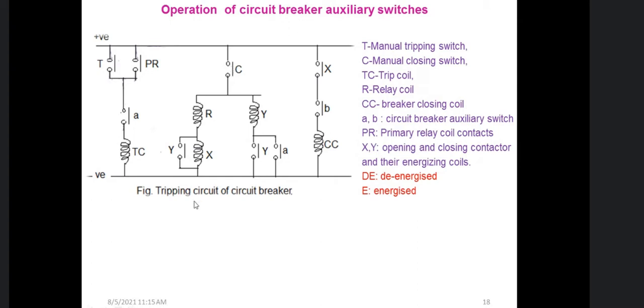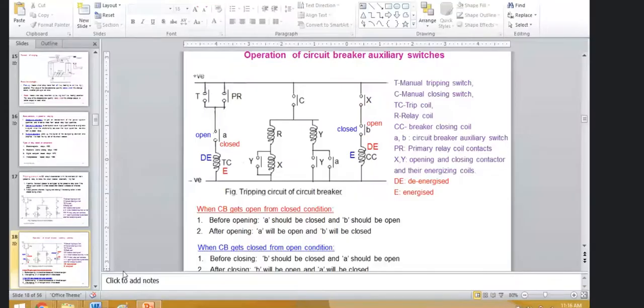At the same time, if we want to give a trip signal to the circuit breaker, then through the protective relay or through that manual tripping switch, the trip coil should get energization. So if it is closed, then positive voltage will appear across the TC, so we shall get the energization.